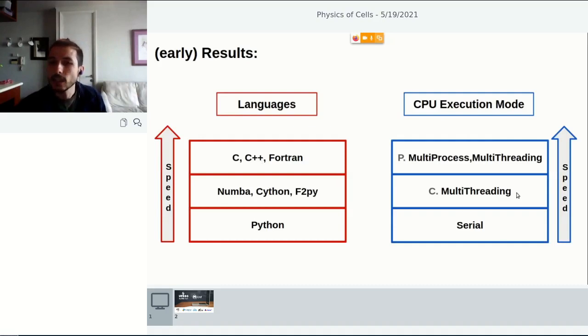And on the side of execution, basically we have the concurrent, like I put the C here, and the parallel. So we have concurrency with multi-threading, and in parallel you have multi-processing and multi-threading.